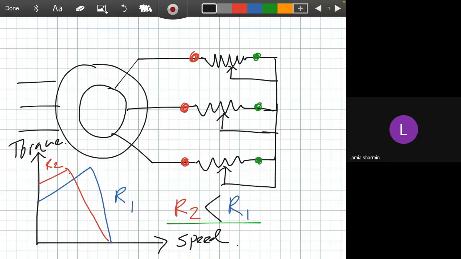No answer. We look at the value of the starting torque. The starting torque is low in the R1 case.